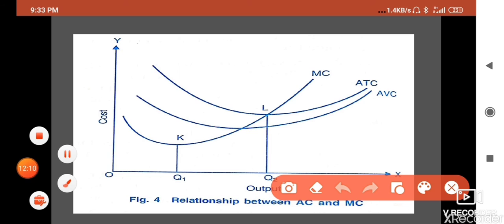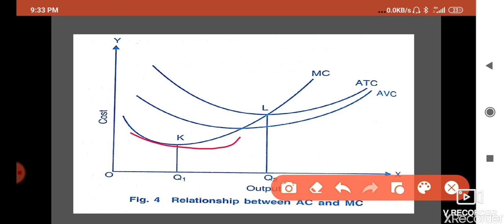So see here, first point, when marginal cost is less than average cost. You can see here MC is less than average cost. Here this one is average cost. Then what happens? Average cost is falling. Both ATC and AVC are falling.